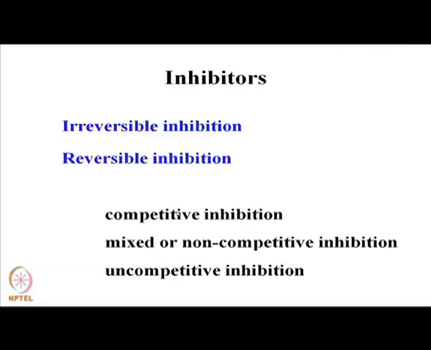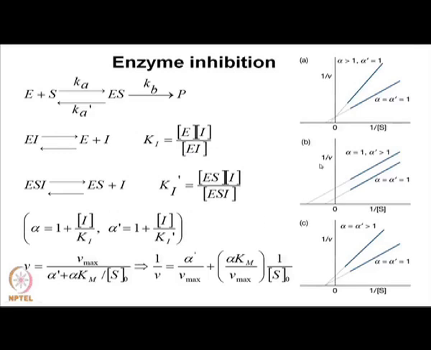For your competitive inhibition, Vmax is not changed, only Km. As I told you, Km is increased, and Km increased means your binding affinity is less as a result of the presence of your inhibitor.